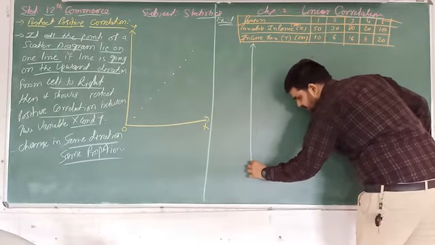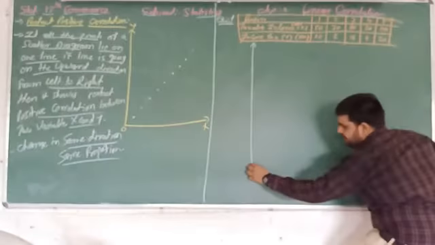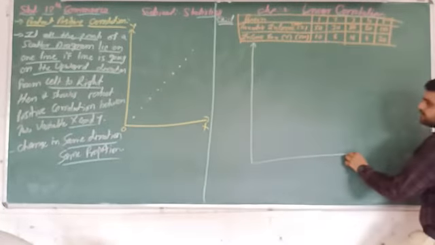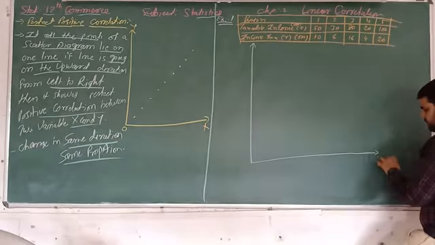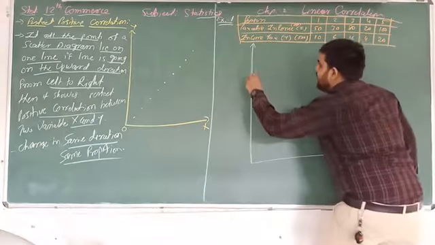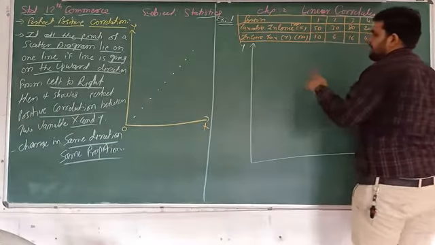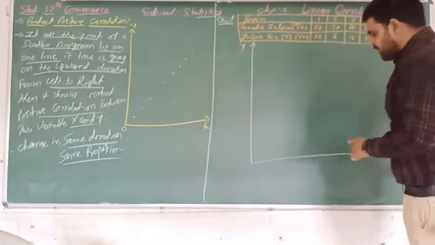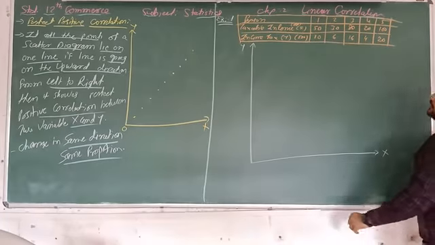Here we draw the x-axis and y-axis. On the x-axis, what do we take? Taxable income.